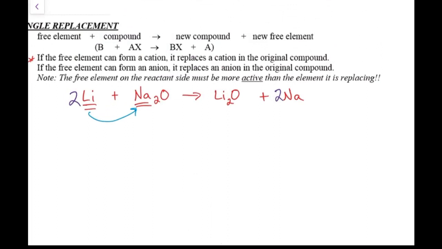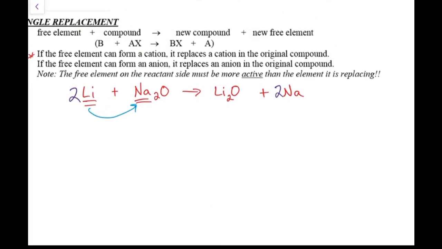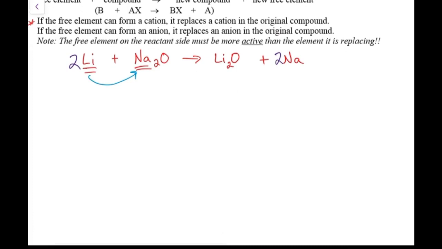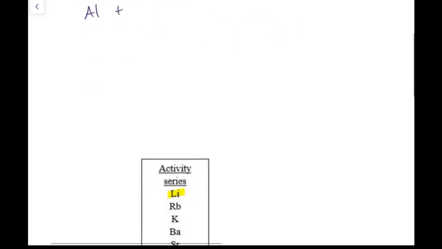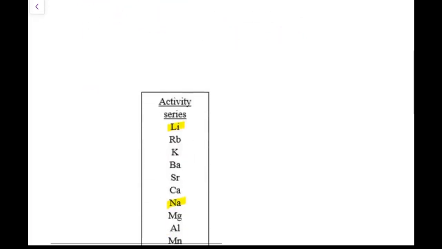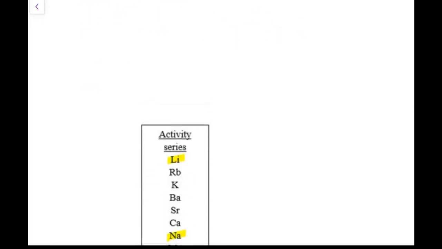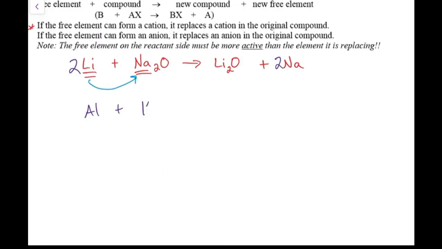If I try to go in a different way, let's say I had aluminum, and let's say it's going to try to replace potassium. So we have Al plus KCl. I could kind of predict what the products would be here, but there may not be any point to it. I know that aluminum is a metal, so it's going to try to replace the metal in the compound, which would be potassium.